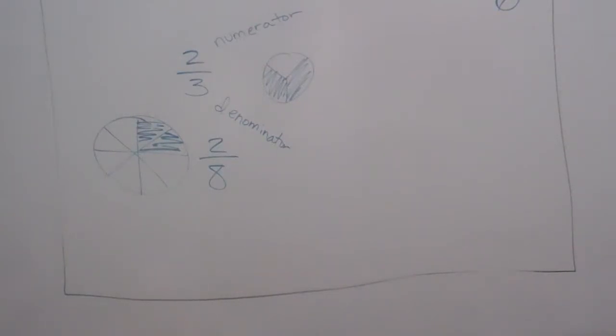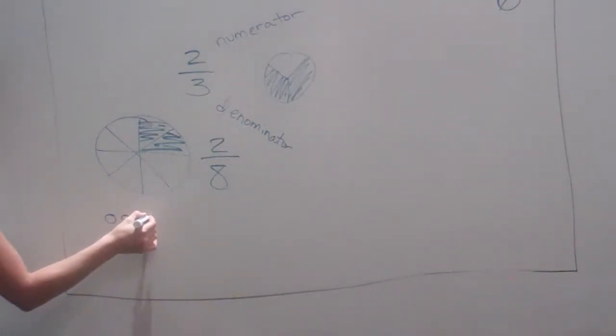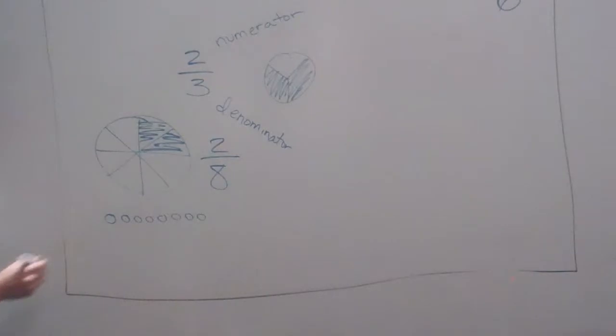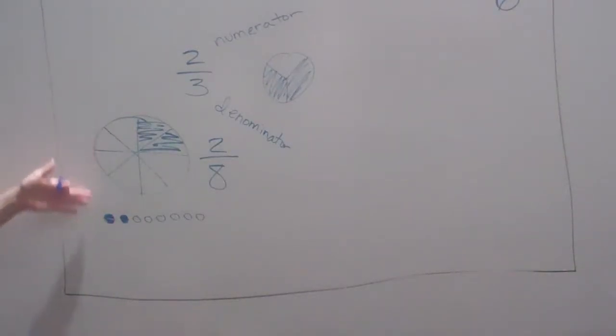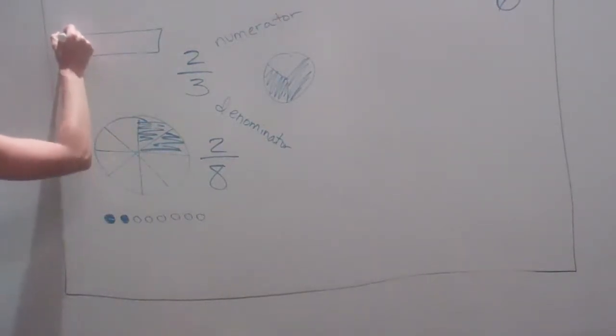Okay. Now, another way to show this is, let's say I had 8 little dots. Okay, and I filled in 2 of them. That's basically, I'm still illustrating what this means. Just I'm trying to do it in a different way. Or I could even do this.